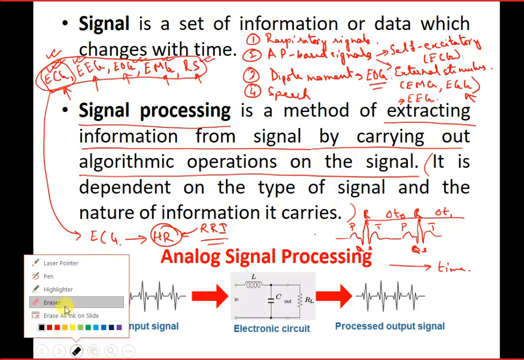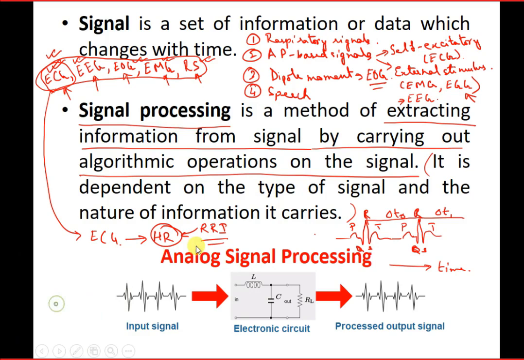Now from this signal we can also find out the HRV signals, or HRV parameters, which stands for heart rate variability. We all consider that our heart is beating rhythmically, but it is not so.